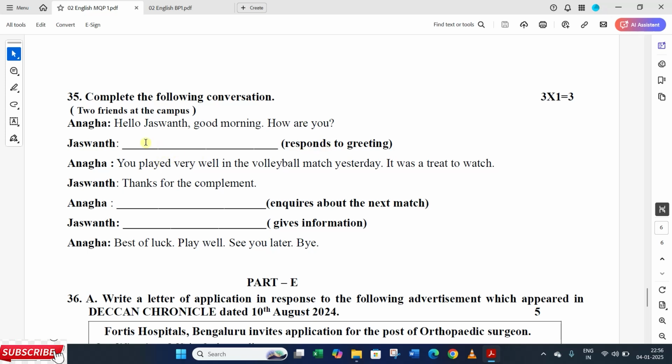For example, let us see Anagha: Hello Jaswant, good morning. How are you? Now what is Jaswant supposed to reply to Anagha? That is, a response to greetings. So what would he say? That is what you are supposed to write. In the same way, for the second and third also, you have to complete the dialogue. This is for 3 marks. This is compulsory, you have to write it.